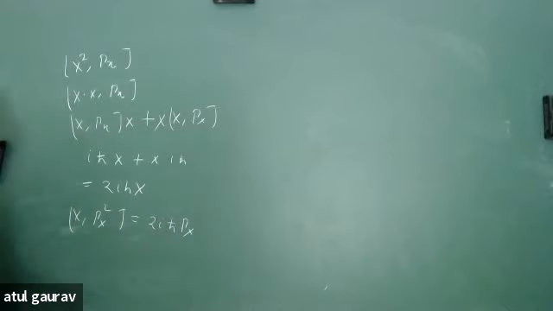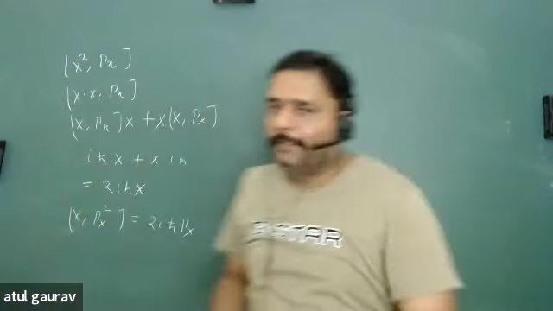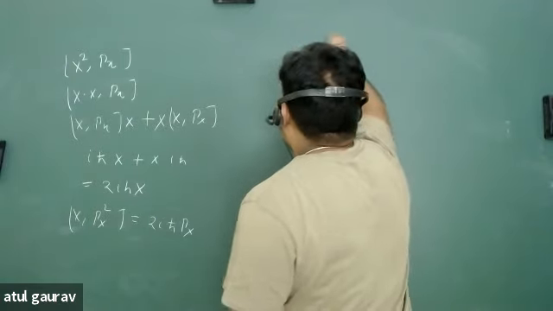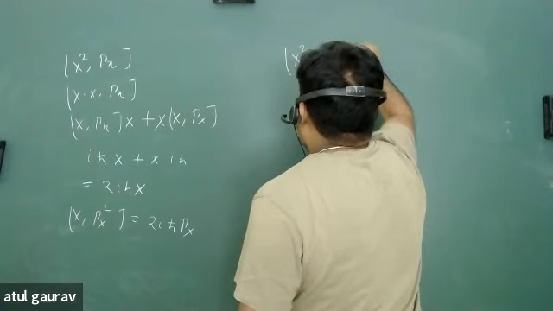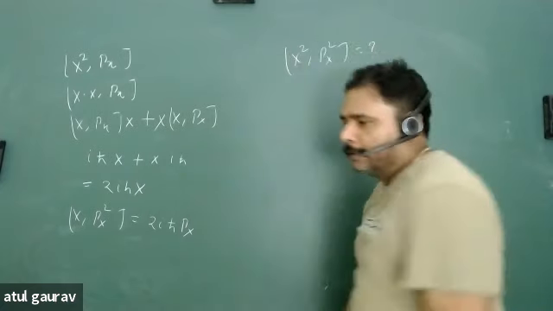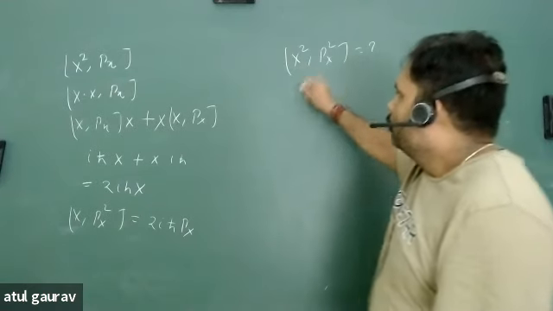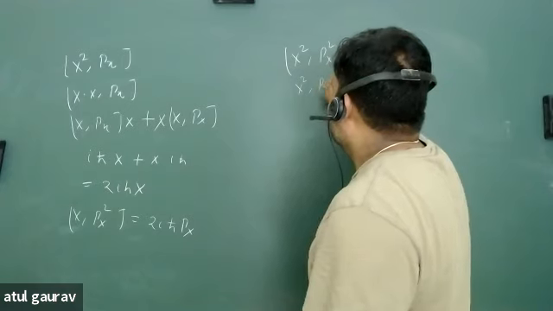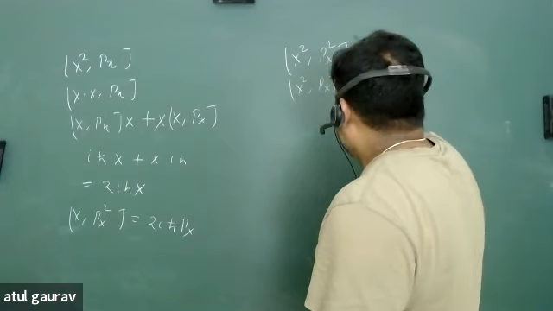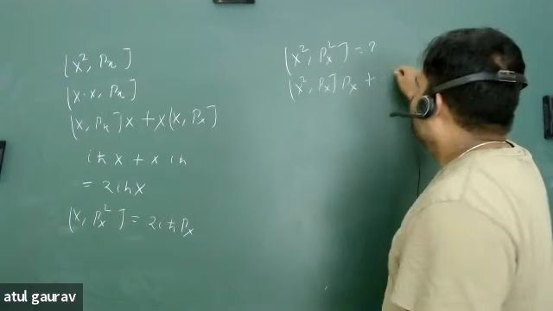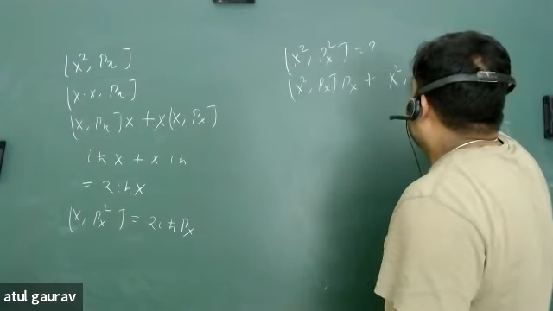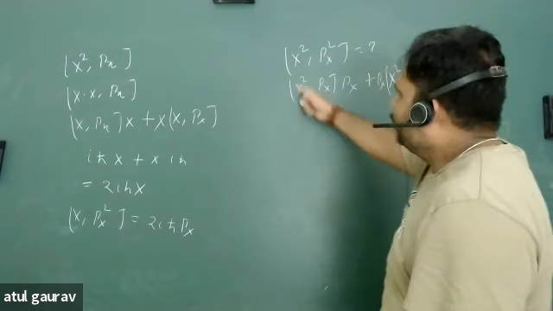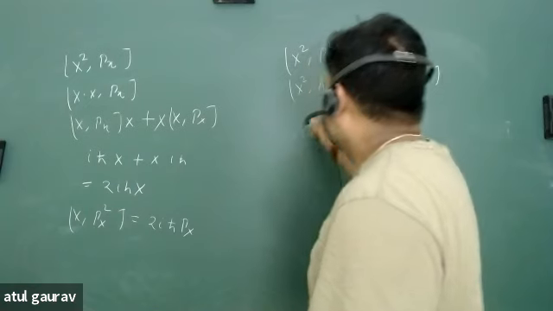But these are trivial. In an examination, one time they asked, what will be the value of x square px square? This is the real problem I want to discuss. Now you will write x square px, one time with px here, and second time again x square px here. And what is x square px? It is 2 ih cut x.